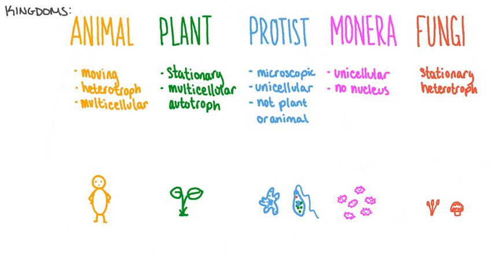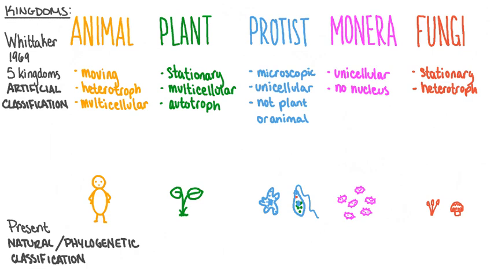Finally, in 1969, another botanist named Robert Whittaker separated stationary, autotrophic plants from stationary, heterotrophic fungi, increasing the number of kingdoms to 5. At the time of the development of the 5-kingdom system, scientists were still classifying organisms based on observable characteristics, a method that we now refer to as artificial classification.